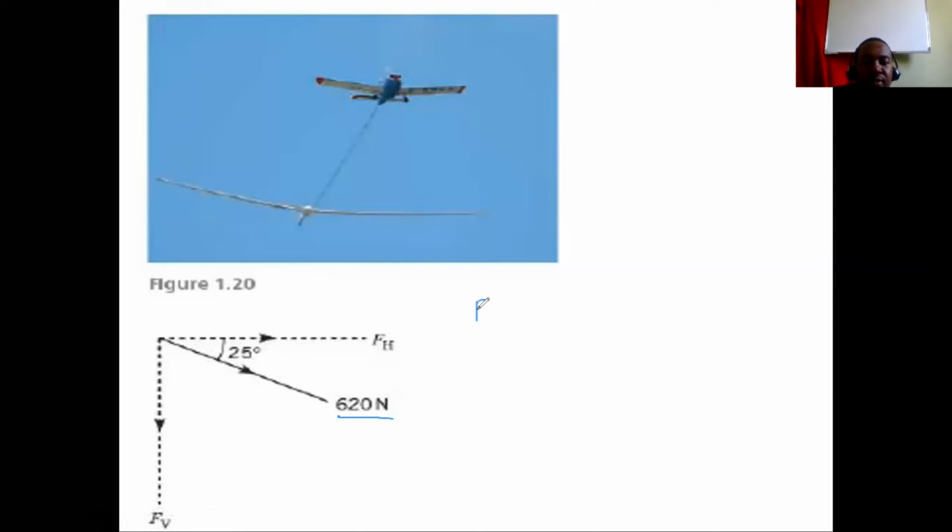So FH, the horizontal component, would be equal to, yes, anyone?